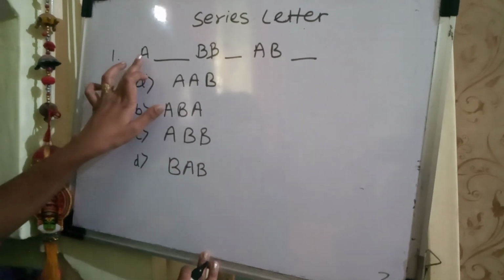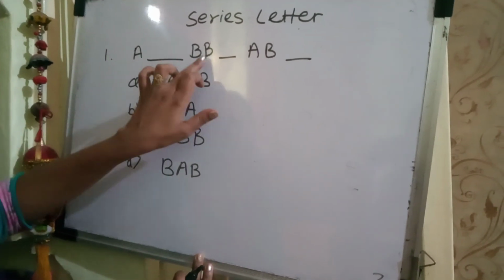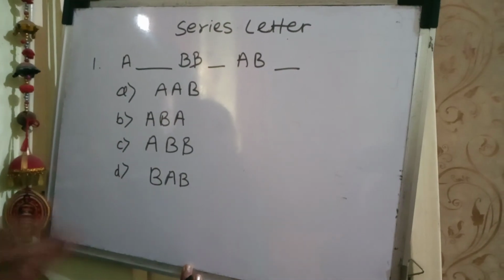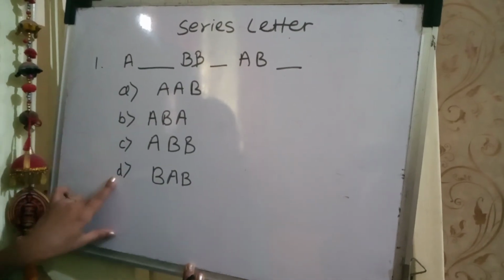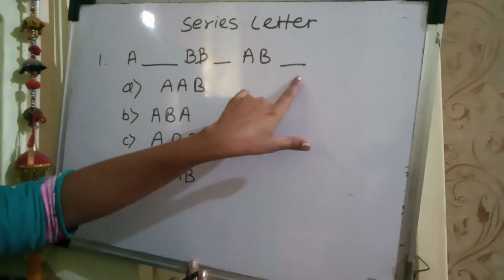Okay, now see here A, here is a blank space, again double B, blank space, AB. Now from these four options, which option we have to fill here so that this series will be complete.